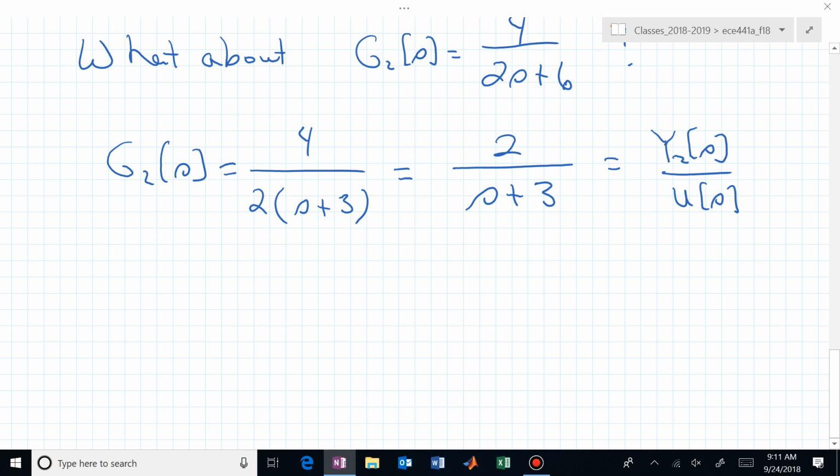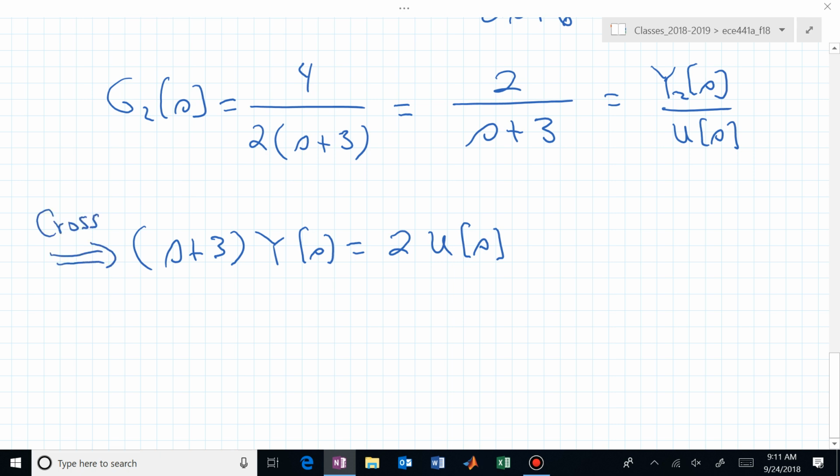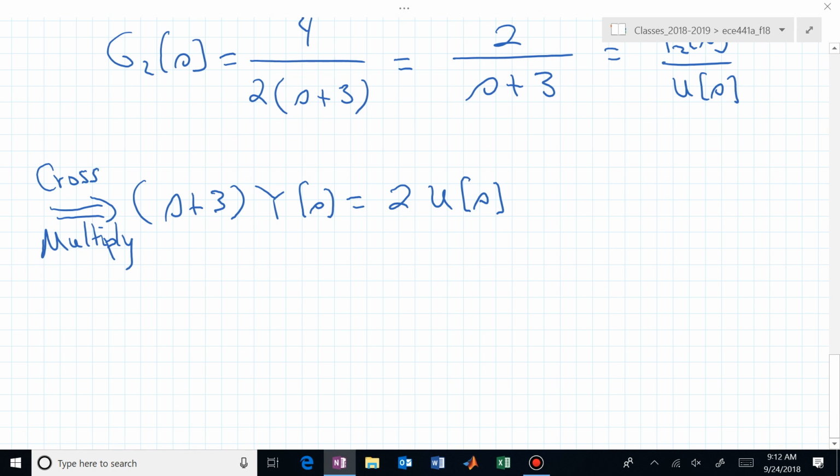Now we can find one equation that contains y's and u's that are now maybe multiplied by polynomials in S. If we cross multiply, we now have S plus 3 times y of S equaling 2 times u of S. Everybody comfortable with that? Now what?